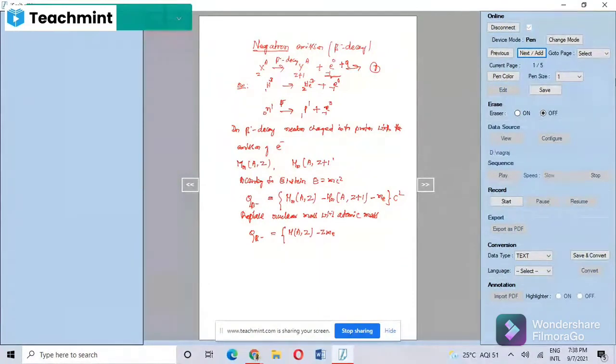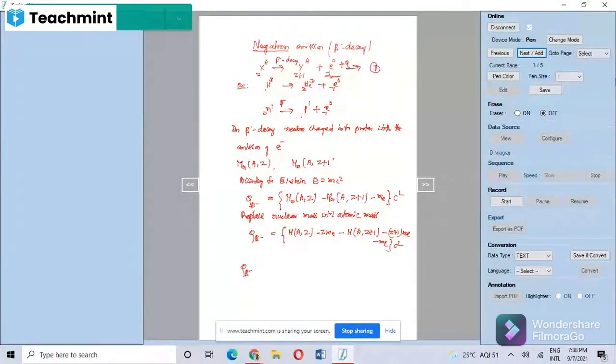So that means the nuclear mass of the parent nucleus can be written as M of A comma Z minus Z Me. Similarly, Mn of A comma Z plus 1 can be written as M of A comma Z plus 1 minus Z plus 1 of Me. And you write this minus Me as it is, that multiplies C square.